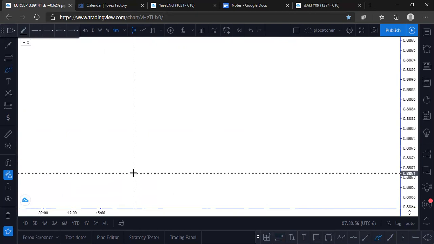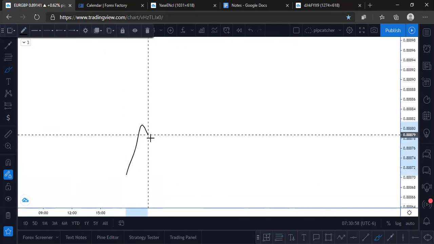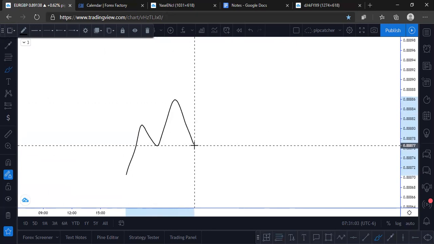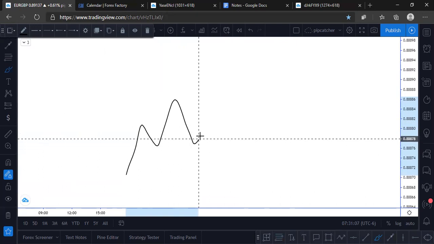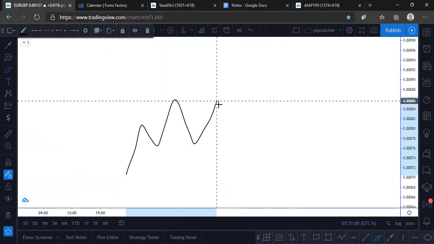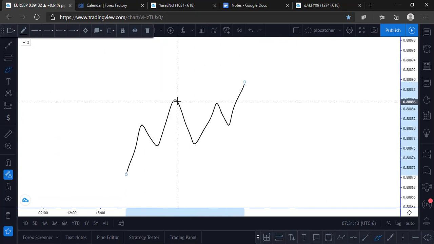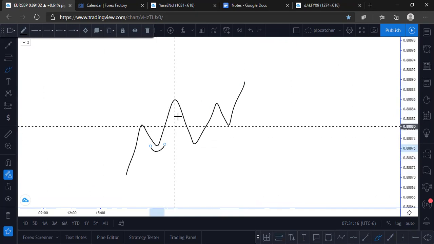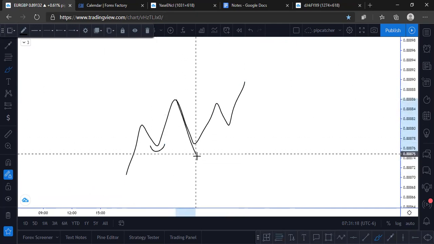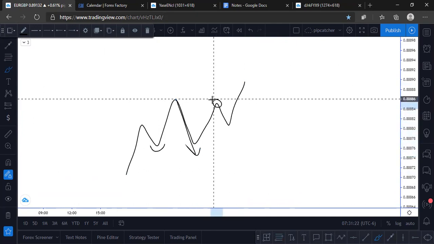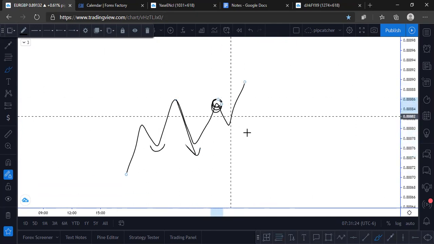Say we're going in an uptrend right here, and then we get to about this area, and then we get here again, and then we go like this. Well, if you thought that this was a break in structure to the downside, you would have been screwed trying to enter right here.